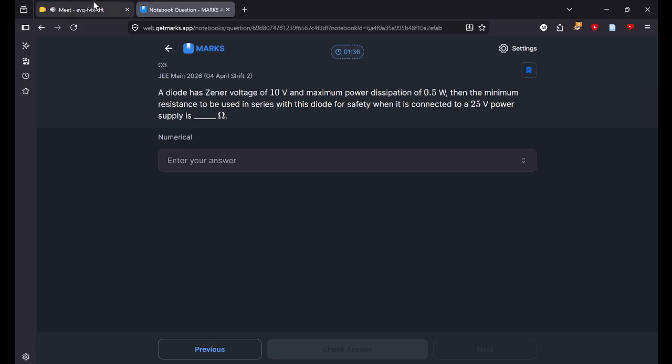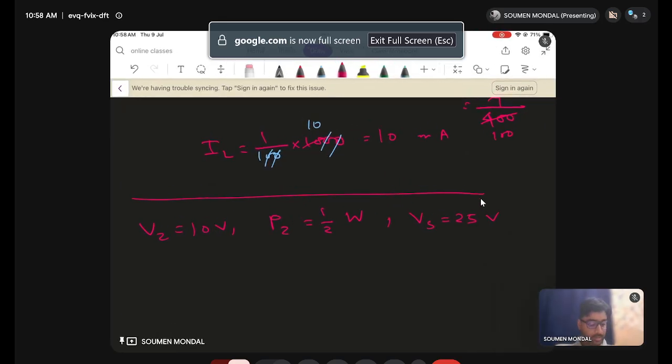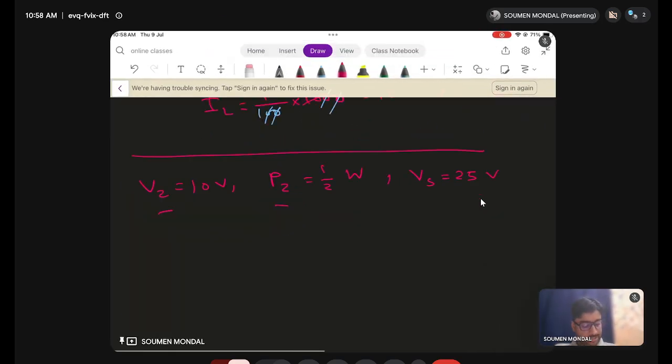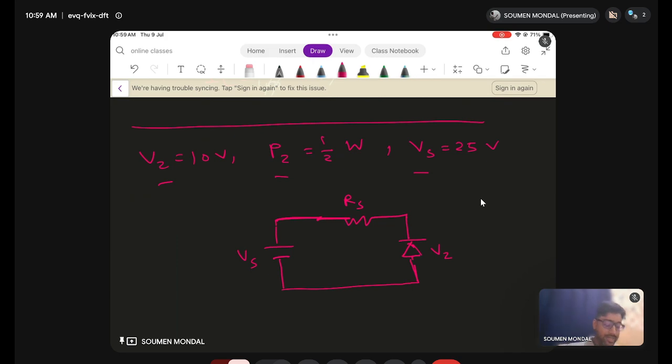Okay, go back to the board. These are the things given. I am just drawing the circuit again. Here is Vs, here is RS, and here is the Zener.